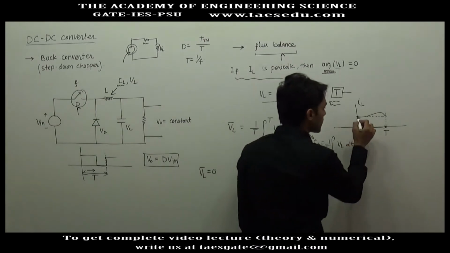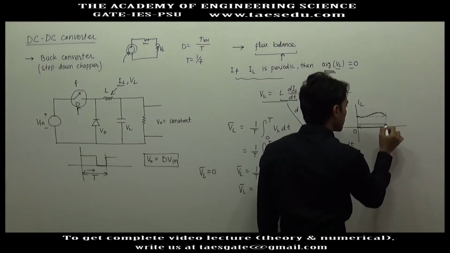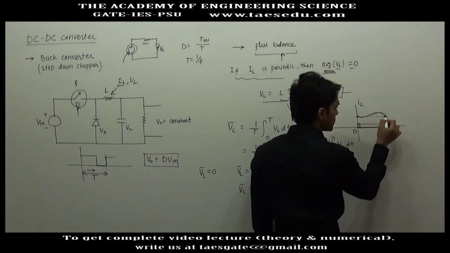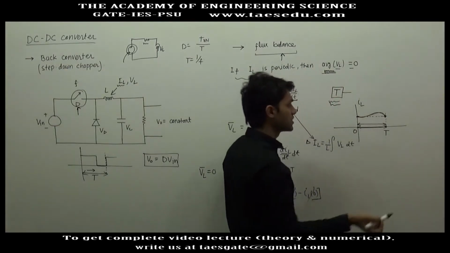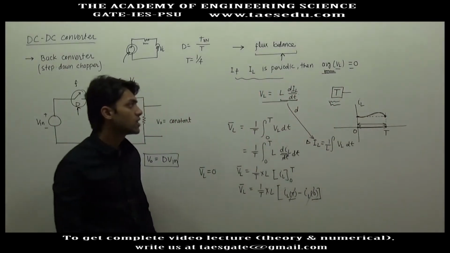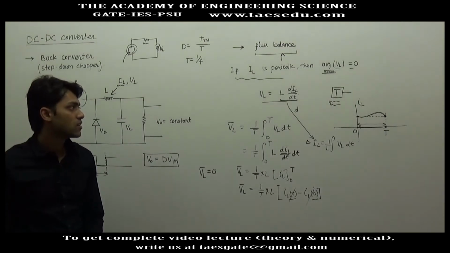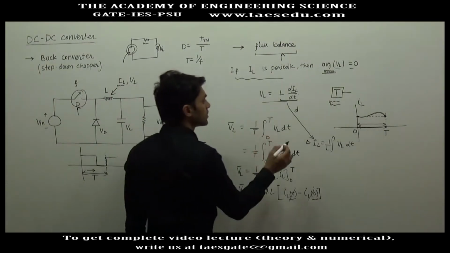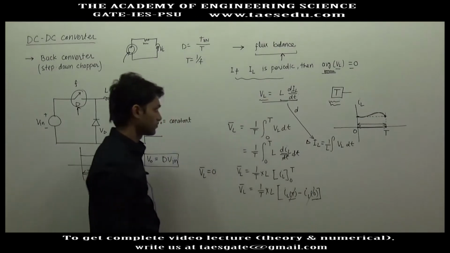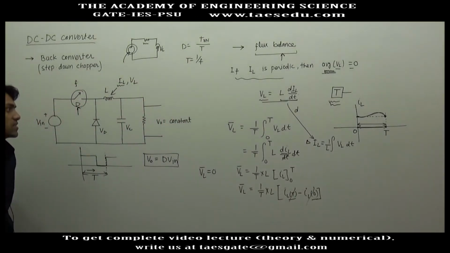Since inductor current is periodic, overall in one time period the change in inductor current will be 0. So if you don't have any change in inductor current, the average voltage across inductor will be 0. So this is flux balance.